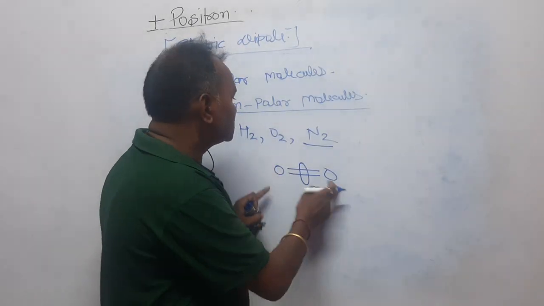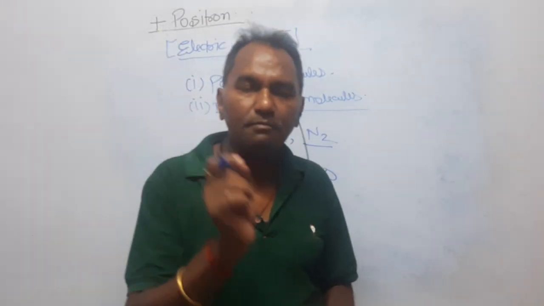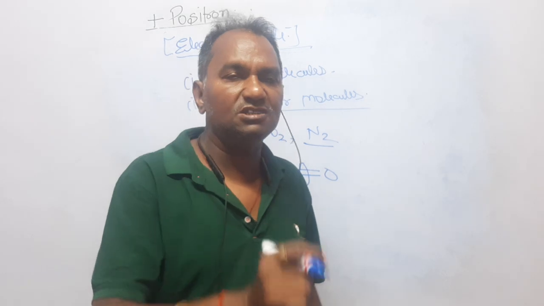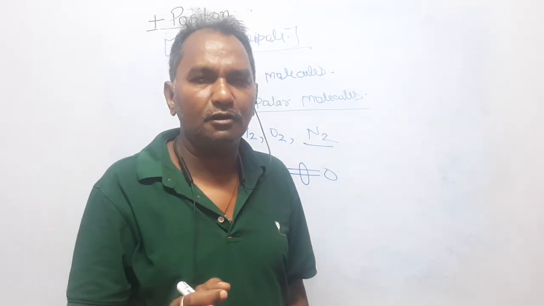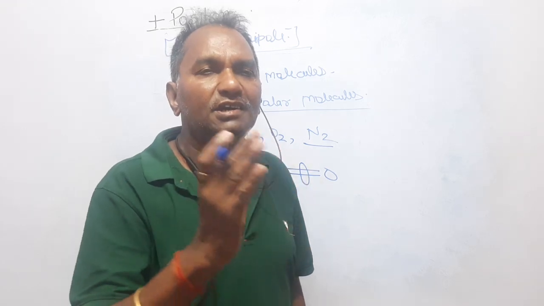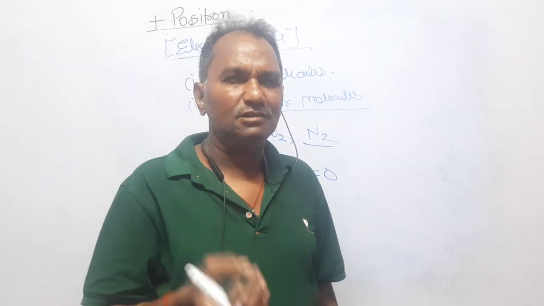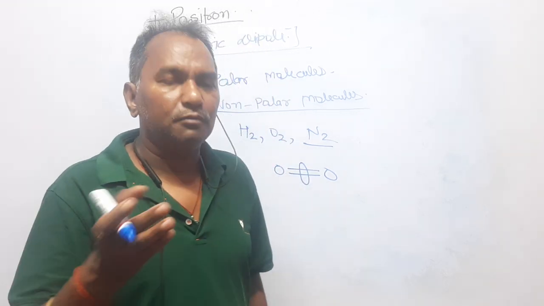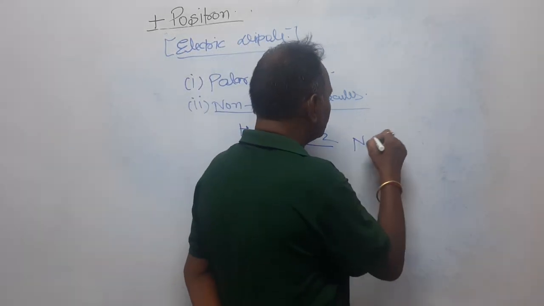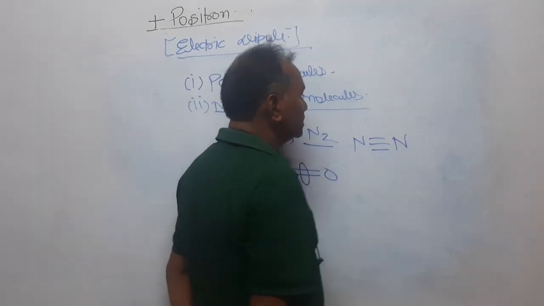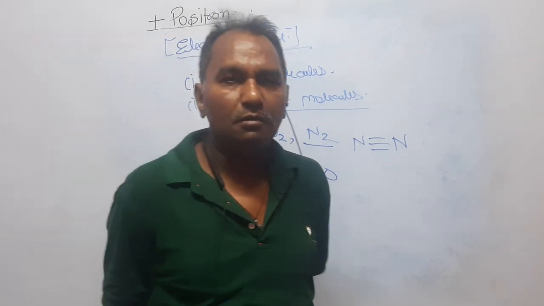That is why this is a non-polar molecule. Non-polar molecules are those in which the shared electron resides just at the middle of the bond. That is why no atom attains a charge or gets polarized. For example, in nitrogen, N2, they will share electrons, undoubtedly, 2,5.